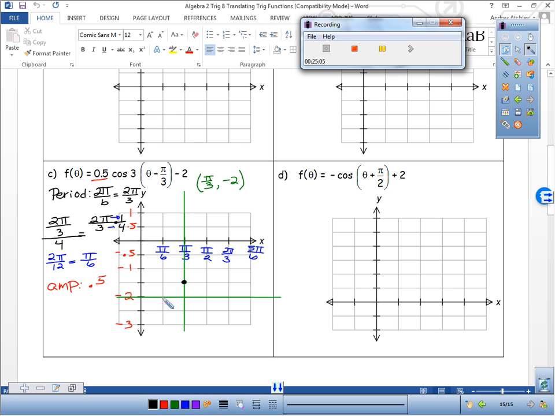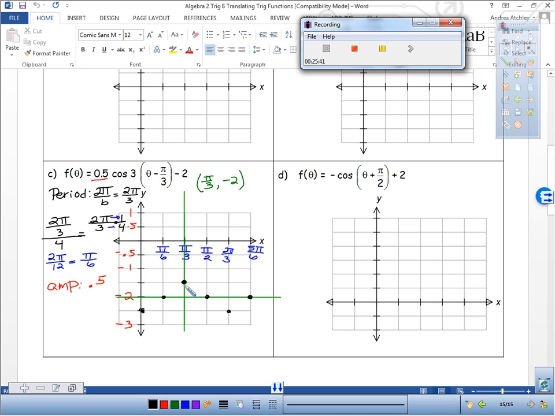I'm sorry? You don't start in the middle and not the other ones? Sine starts at 0, 0. Cosine starts at the amplitude. So 0 for x and the amplitude for y. Then it goes down to 0. Then it goes to the negative amplitude. Then it goes back to 0. That's going backwards. I have to do this. And then this.